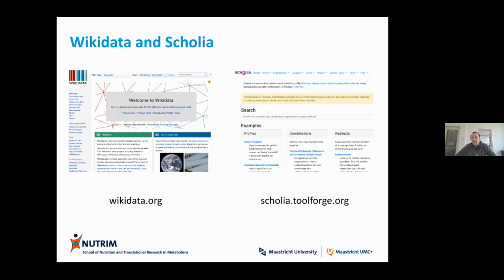As the screenshot says, it started out as scholarly profiles, but basically what it does is link information together. In particular, it links researchers, research institutes, articles they write, and the topics that these articles are about, and the whole information that we know about those topics that is now available in Wikidata.